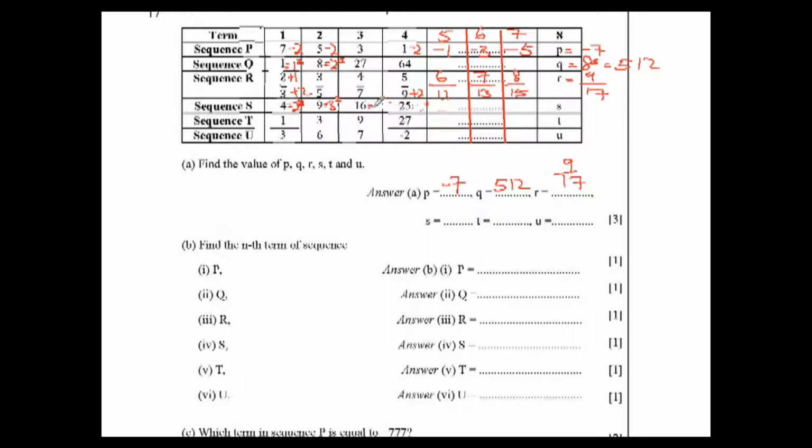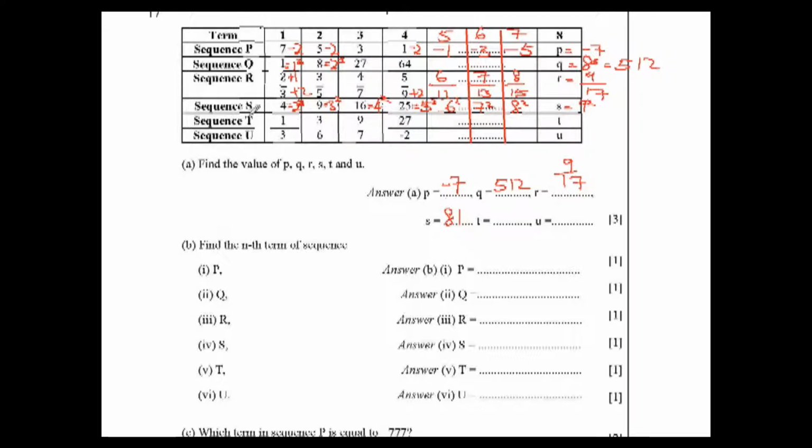So here we can predict that it is actually 4 squared, and 4 plus 1 is equal to 5, so it is 5 squared. And for the fifth term in sequence S, it should be 5 plus 1, which is 6 squared, and this is 7 squared, 8 squared, and thus the value of S is 9 squared, which is equal to 81.